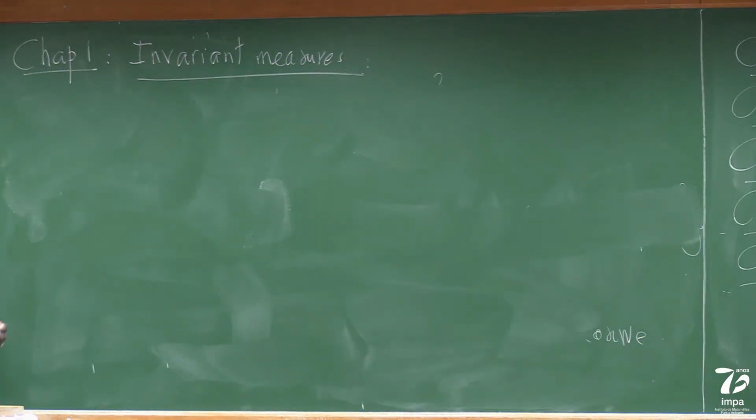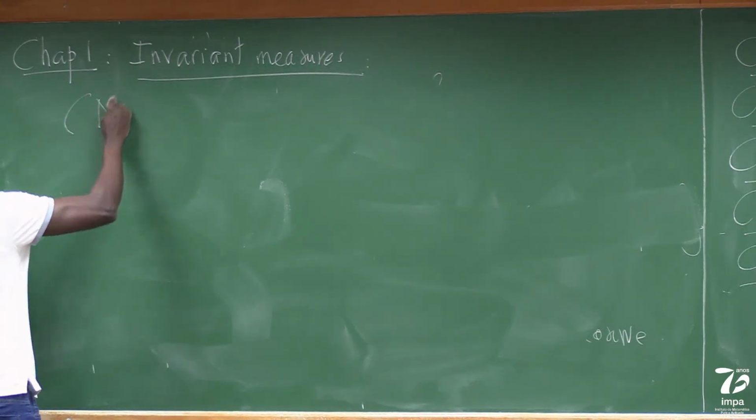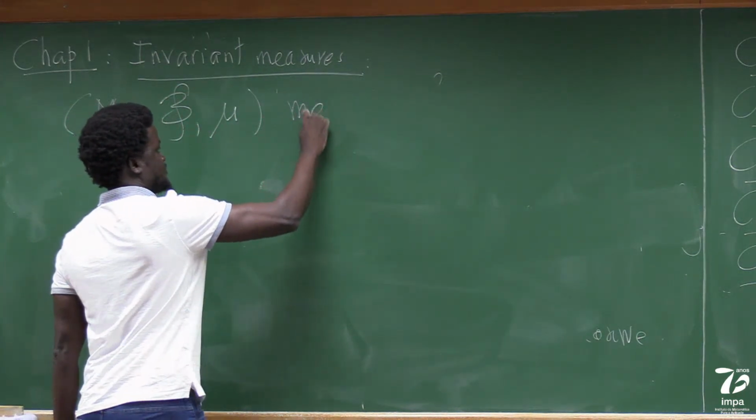So in this chapter, or in this course, we are given (M, B, mu), a measured space.